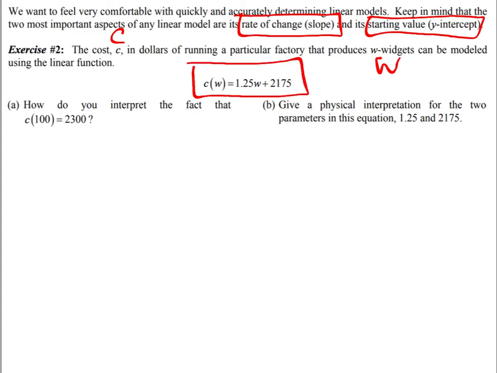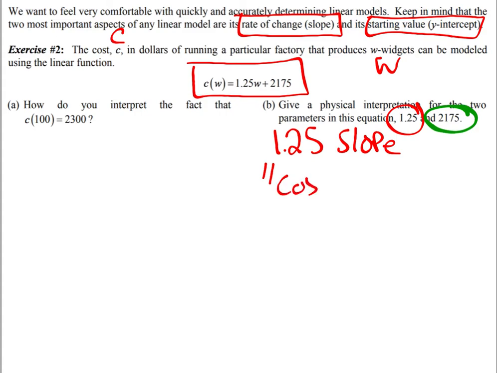Let me start with the parts over here. What is 1.25 and what is 275? Well, 1.25 is our slope, first and foremost. All right, but I'm going to say that as cost per widget.